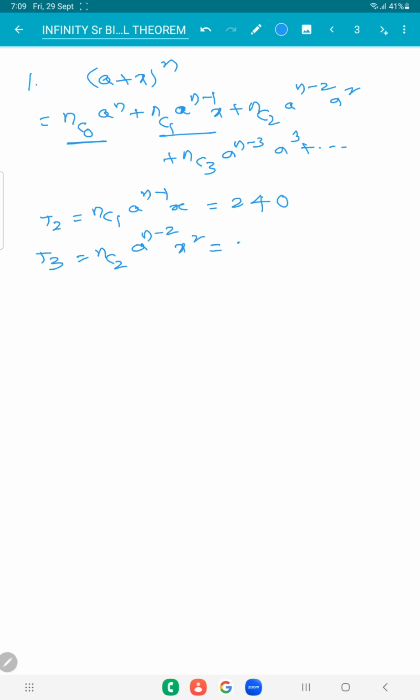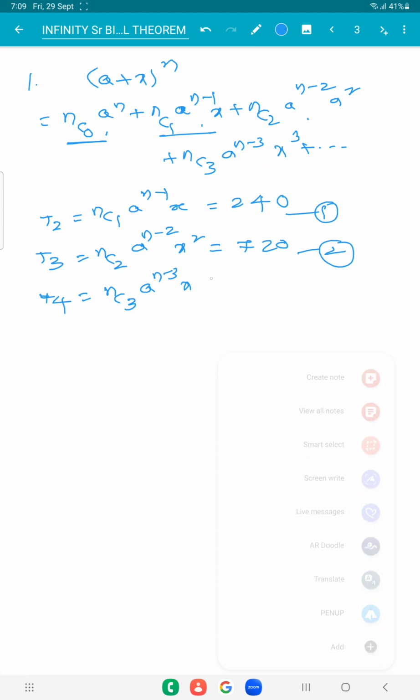What is that? 720. Let this be 1, this one be 2. t4, the fourth term, nc3 a power n minus 3 x cube. That is equal to 1080.